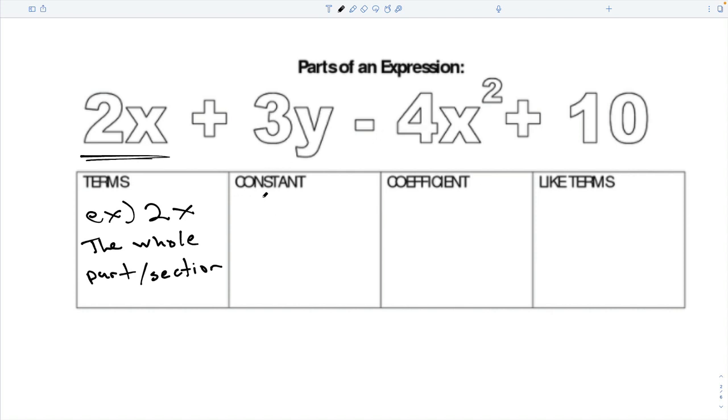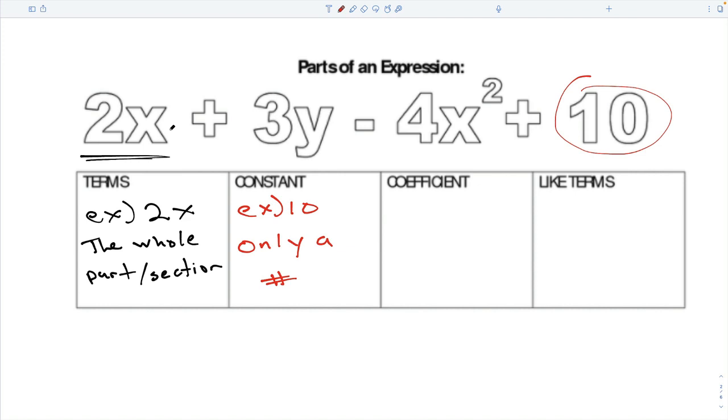A constant, let's make this one a cool color and we'll circle it, is just the number. It's just 10. X would not be a term in this problem. I would not say the term is x because it's also a 2x.